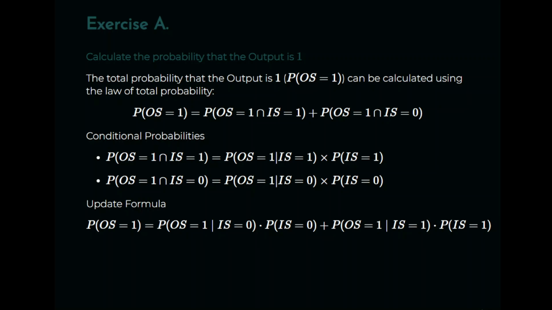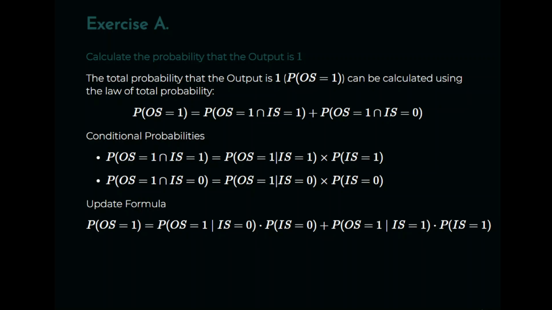Okay, so there's two ways we can get an output signal of 1. If the input signal is 1 and the output signal is 1, everything's working fine. But if the input signal is 0 and we get an output signal of 1, that's still relevant in this case. So it's essentially the combination of those two events.